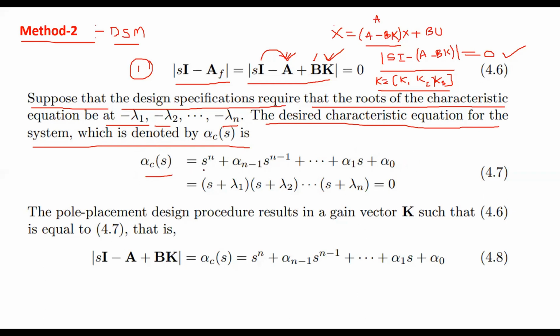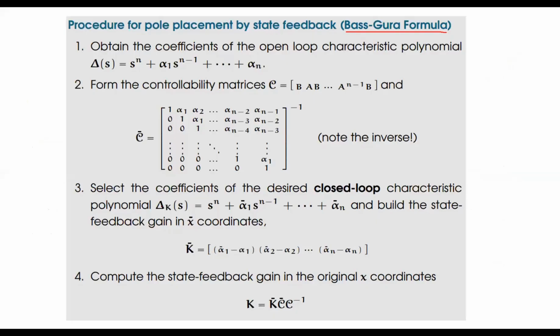So from the given closed loop polynomial, we have to write one closed loop polynomial in terms of factors. These factors they can give. Multiply all the factors, and these factors would be equal to the above expression. As I said earlier, we select the coefficients of the desired closed loop characteristic polynomial.